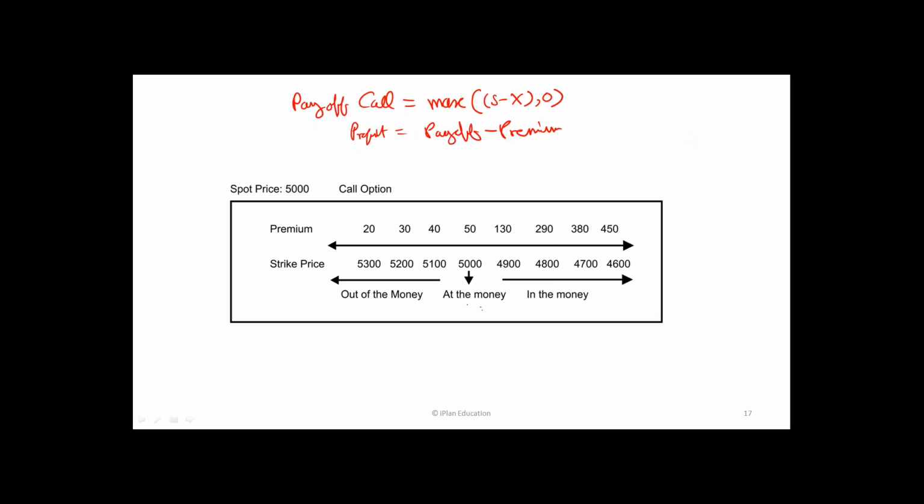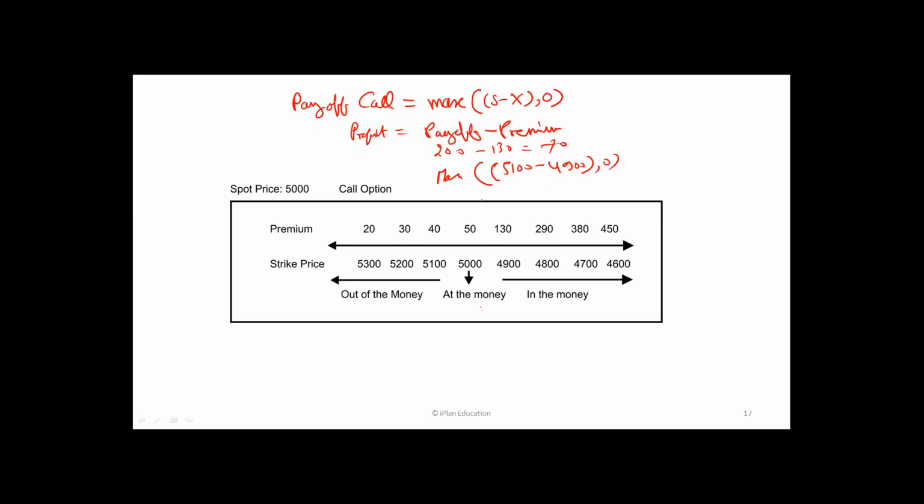So in this case, max of spot minus strike. Spot was 5100 on the date of expiry, and the strike price, or the exercise price, was 4900, or 0. So in this situation, which is max? This one, this is 200. So 200 is your payoff for the call, and what will be your profit? 200 minus the premium you paid.